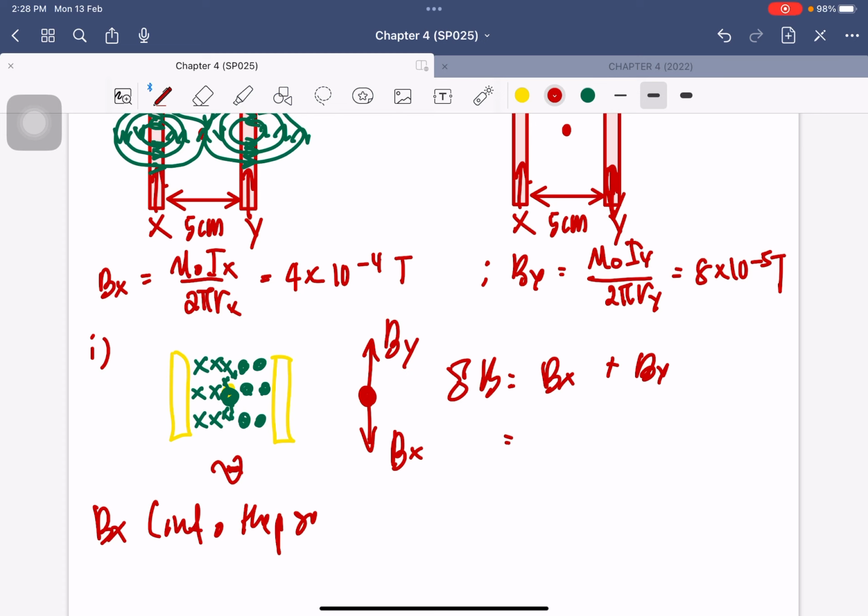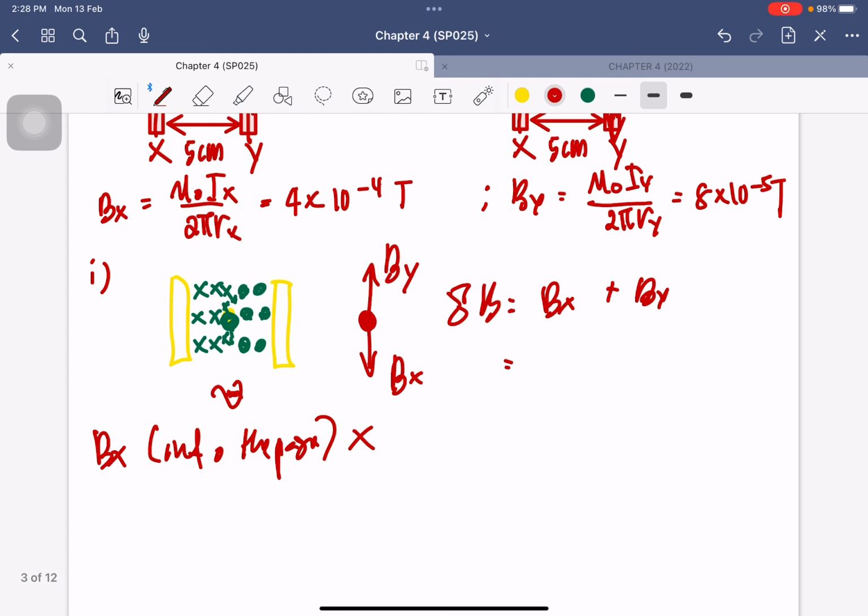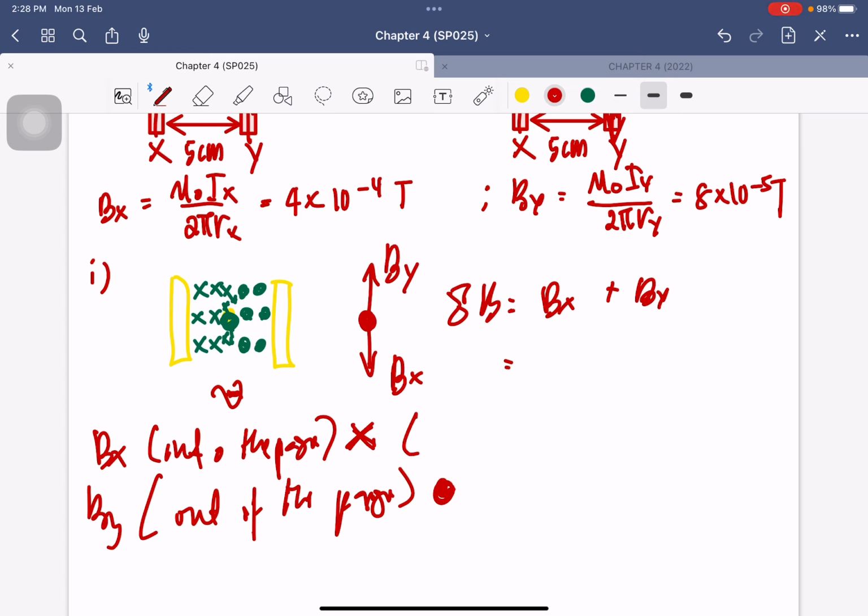Because we see an X. BY goes out of the page. Why is it out of the page? Because we see a dot. So when we see an X it is positive, but when we see a dot it is negative. That is the sign convention. So BX is positive plus BY which is negative.